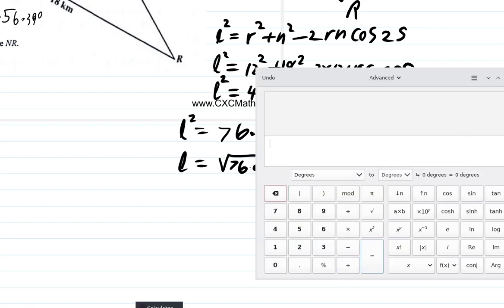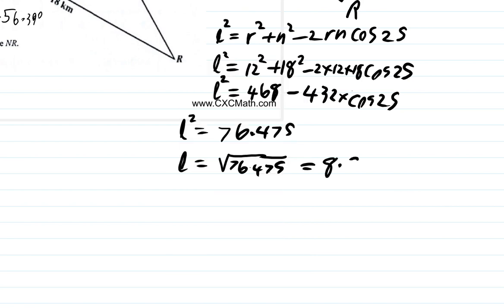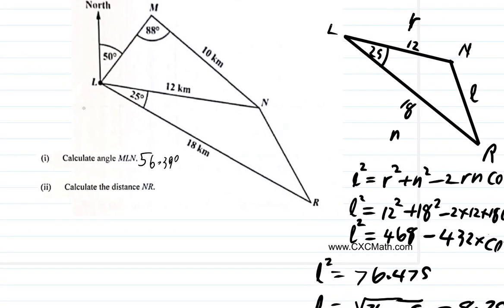The square root of that equals 8.75. 8.75 kilometers. Alright. So NR, which was our l, is 8.75 kilometers. So we have that.